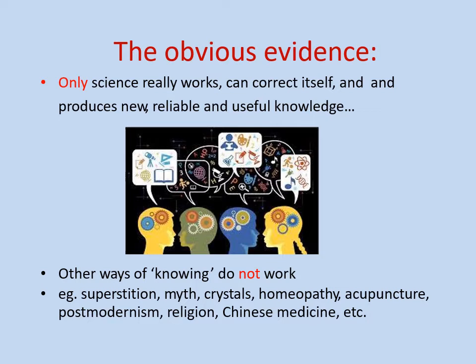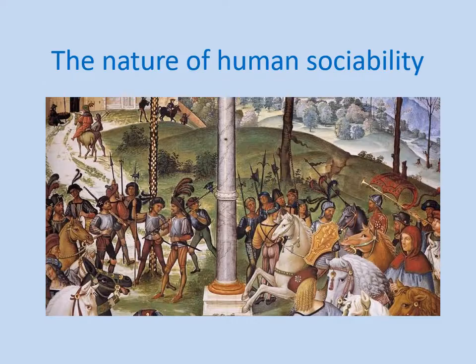Even today, many believe in things like homeopathy or acupuncture, Chinese medicine. These are all non-scientific systems of understanding, and they do not work in the sense that they cannot be shown to produce the desired results.